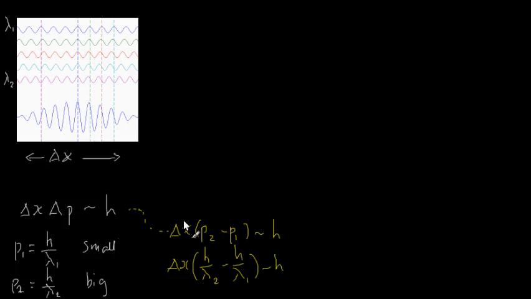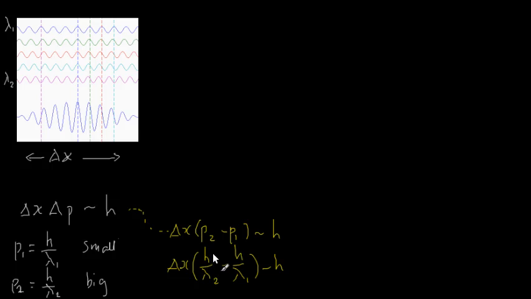Okay, so I'm not deriving anything yet. I'm just rewriting the uncertainty relation in a way that's going to help me derive it afterwards. Notice that I have h, Planck's constant, on both sides.